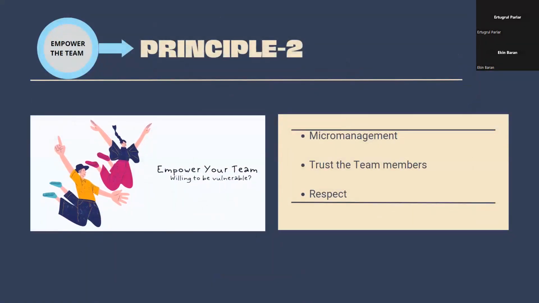Thank you, Kemal, for leaving me the stage. I will move on with the second, third, and fourth principles, which are empower the team, deliver fast, and optimize the whole, respectively. Let's begin with the second principle, empower the team. The best lean manufacturing companies understand that employees play a large role in making decisions for the company's success.